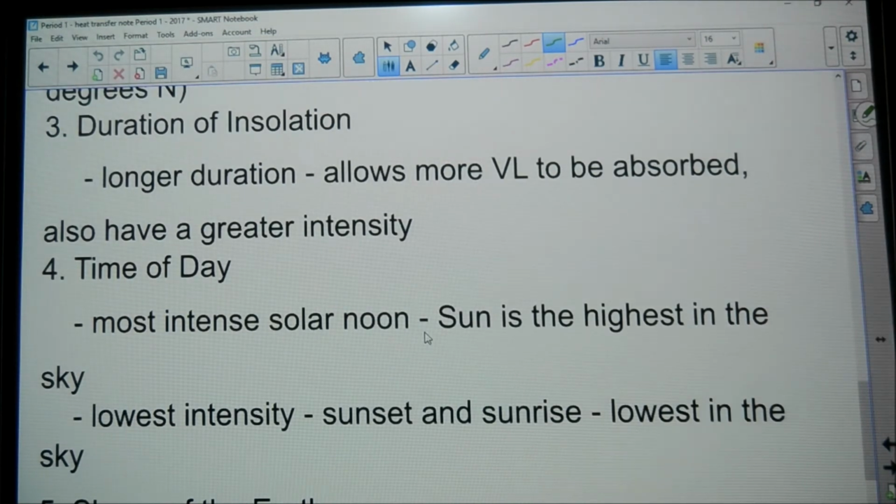It's higher in the sky. So for us, it's highest in the sky June 21st, solar noon. Lowest in the sky is going to be my sunset and my sunrise, just as the sun is coming to the horizon. So a time of day, most intense solar noon, least intense sunrise, sunset, lowest in the sky.